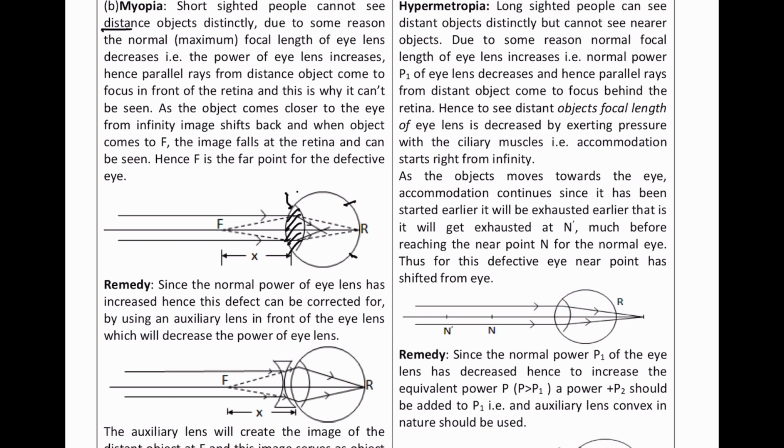The eye lens is held with the help of ciliary muscles. So what is happening? The power of the eye lens increases as the focal length decreases, because power is 1 by f. Because the focal length decreases, the parallel rays from a distant object come to meet before the retina.